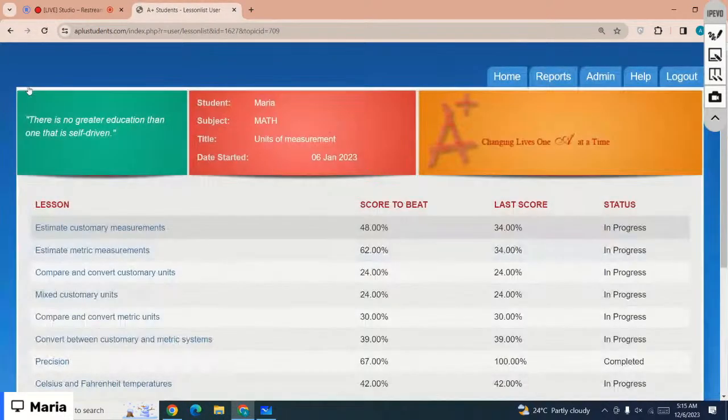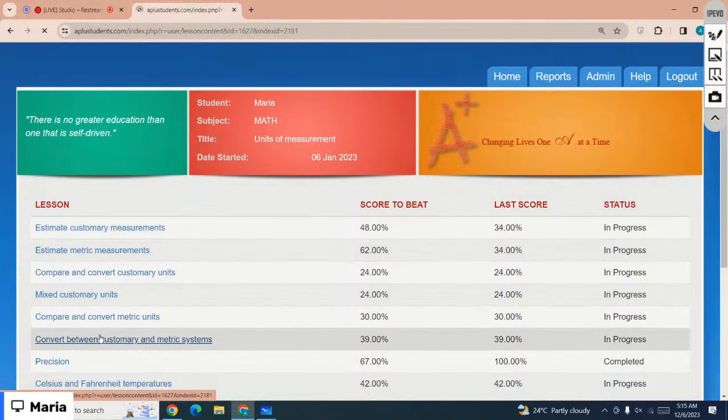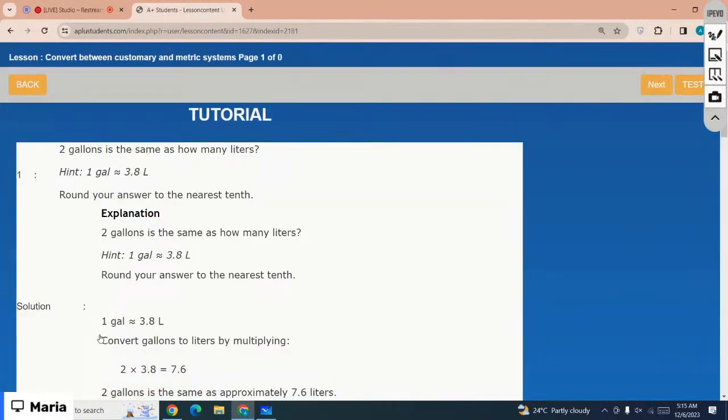And the next lesson is convert between customary and metric units. Okay, 2 gallons is the same as how many liters, right? You need to compare 2 gallons to liters.